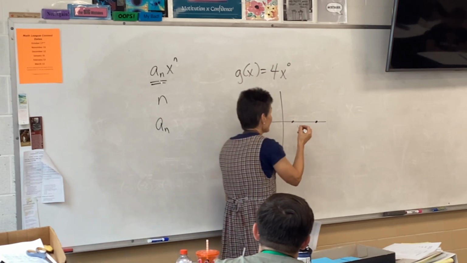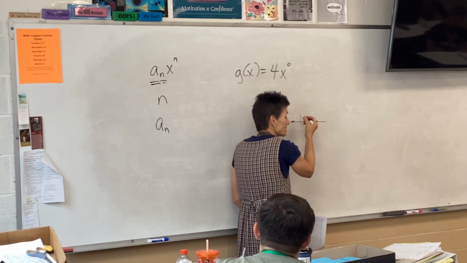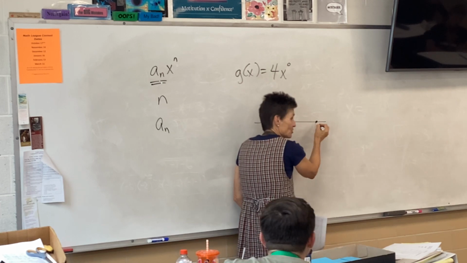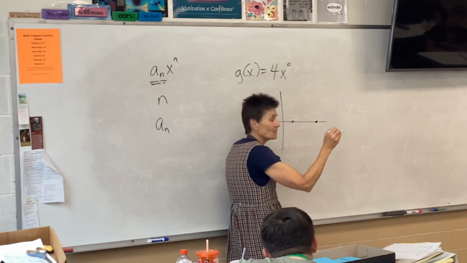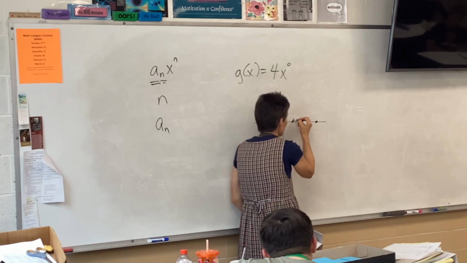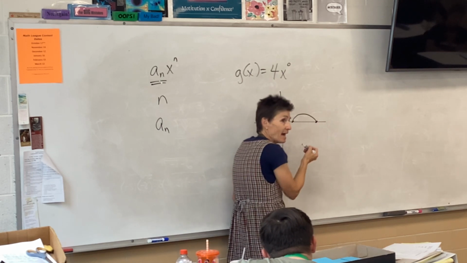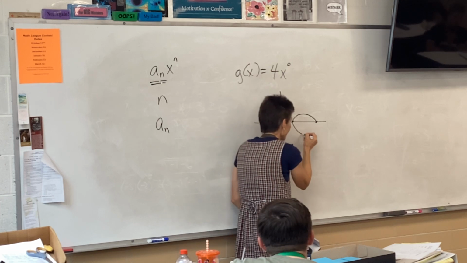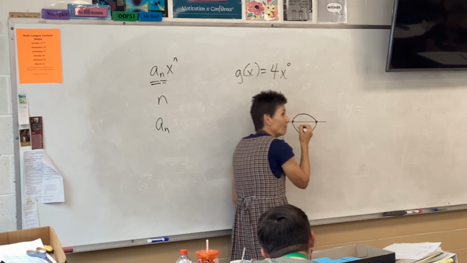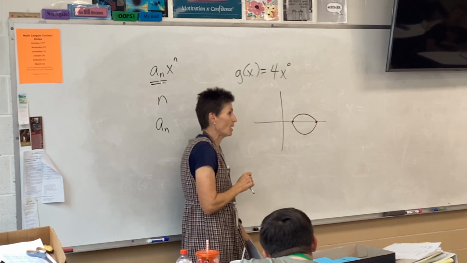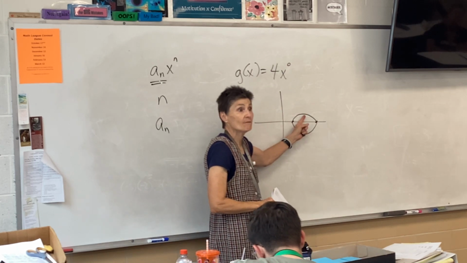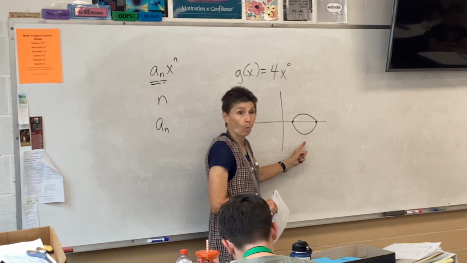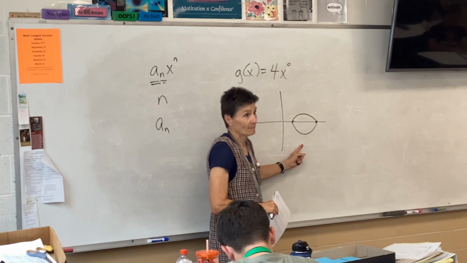Think about, you have to connect these 2 dots. Never with a straight line. Not in polynomial land, everything is curvy. So when I connect these 2 dots, don't they have to be connected like that? Or like that? So between any 2 real zeros, there is at least one relative maximum or relative minimum.